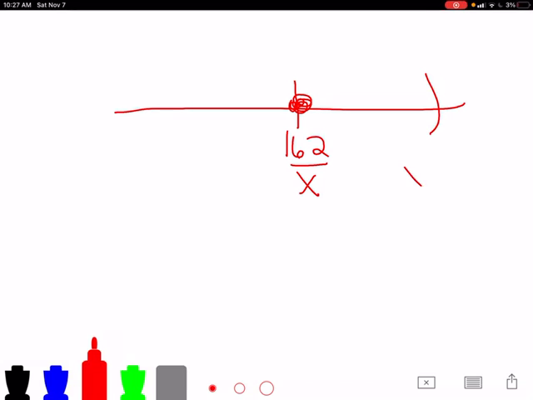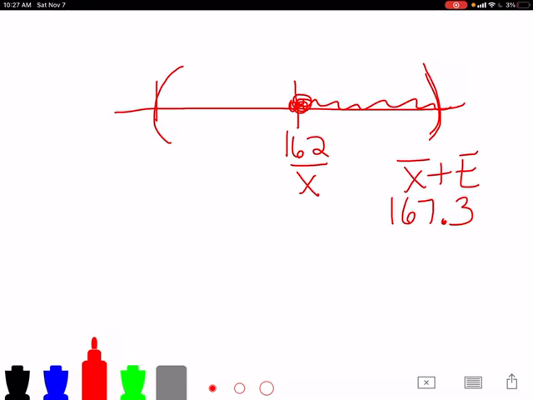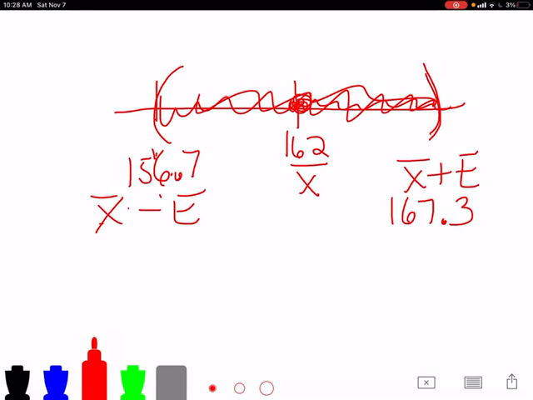Then I'm going to subtract my margin of error to get my left-hand endpoint, and add it to get my right-hand endpoint. I'm doing this from memory, so if I get it wrong, I'll correct it. 162 minus 5.3 would be, I think, 156.7. So we're predicting that my population mean is between those two numbers.